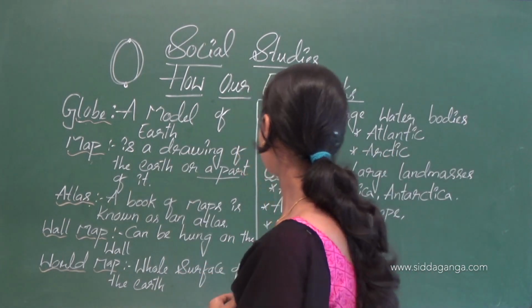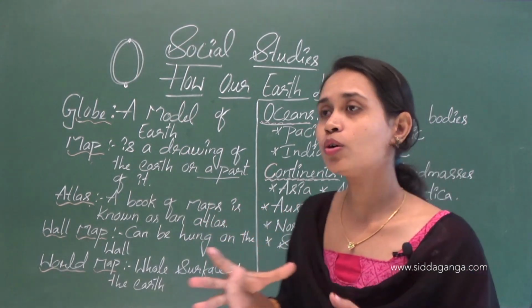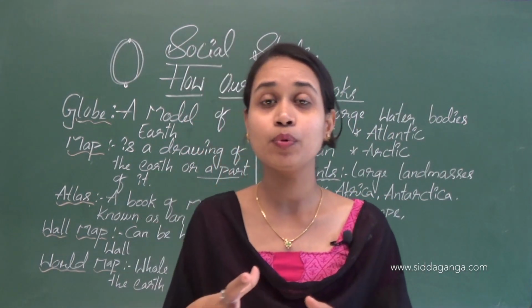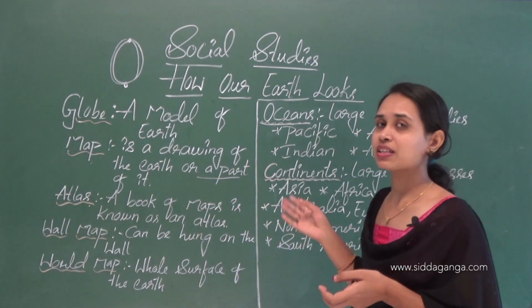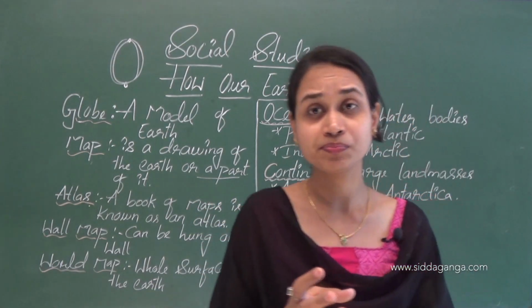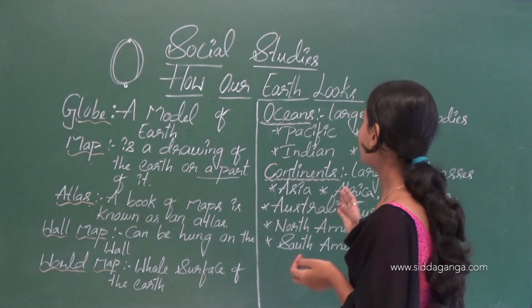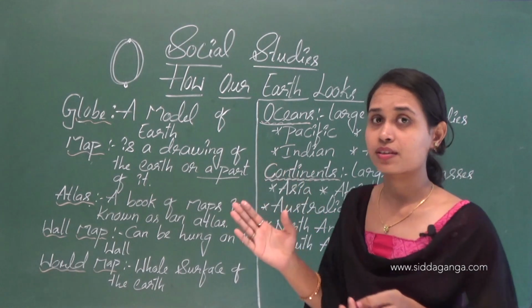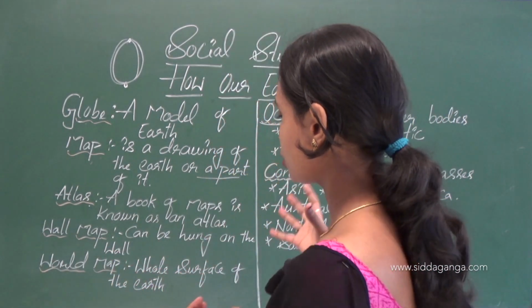So next we can see the oceans. In the globe we can see the maps are in blue colors. I already told in the previous class that 3/4 of the earth is covered in water. So here we can see the oceans. Oceans are very large water bodies.